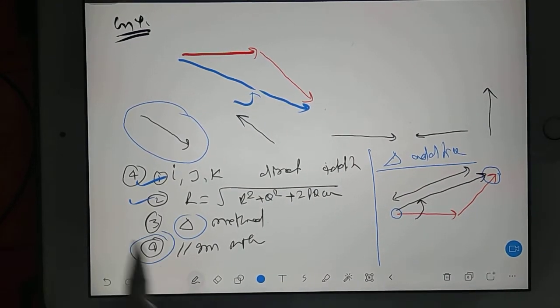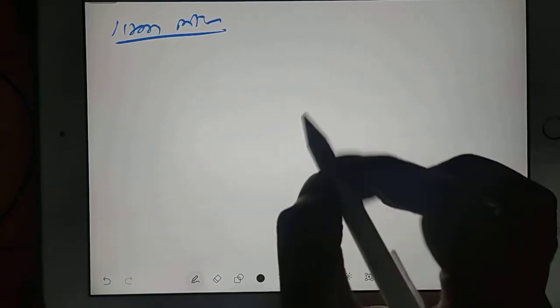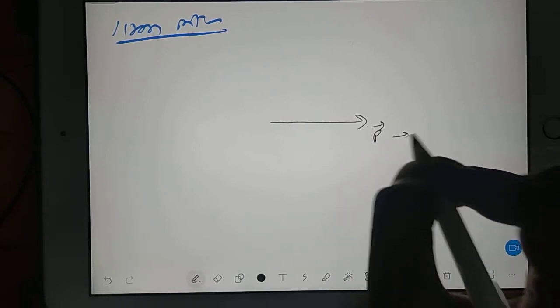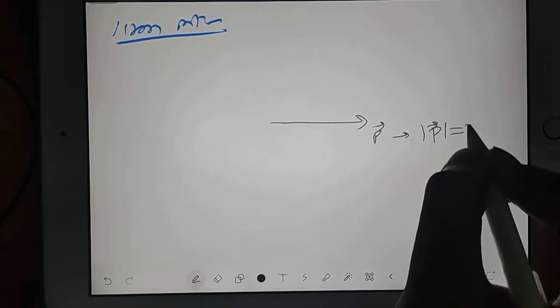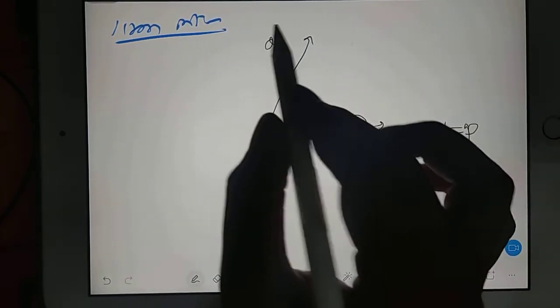Now what is the parallelogram method? You know that also. Now see, I'll change the page. In the parallelogram addition method, suppose one vector is p, with magnitude p, and I am drawing another vector q.